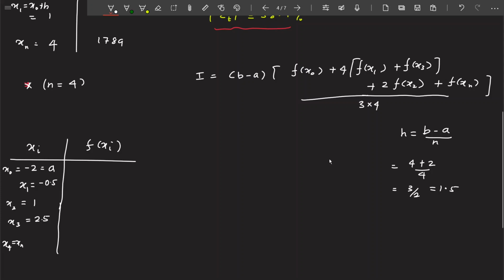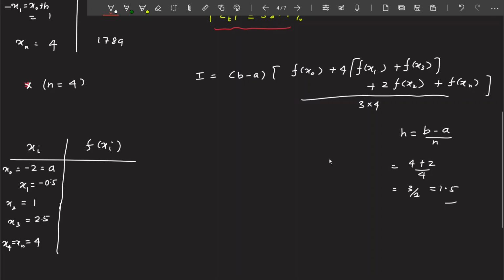and x4, that is nothing but xn, is going to be equal to 4. Okay, you just have to add 1.5: minus 2 plus 1.5, minus 0.5 plus 1.5, 1 plus 1.5, 2.5 plus 1.5, and so on.